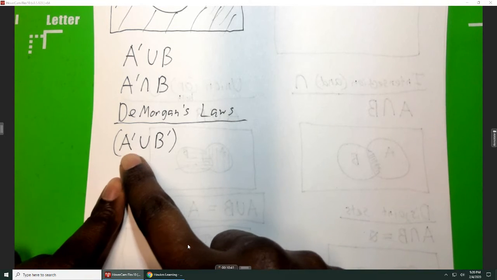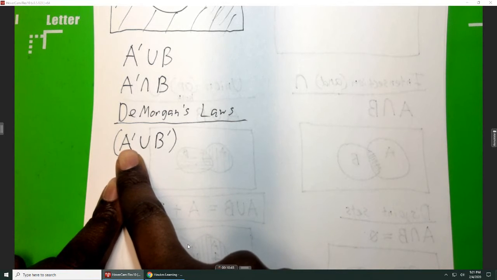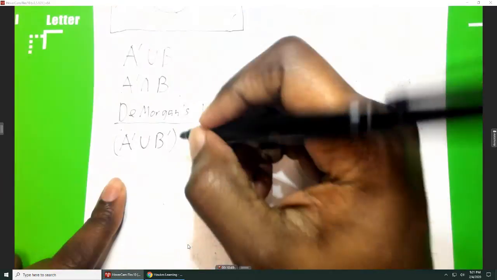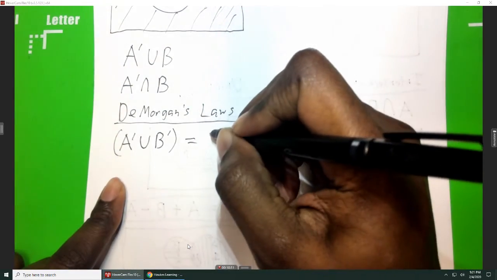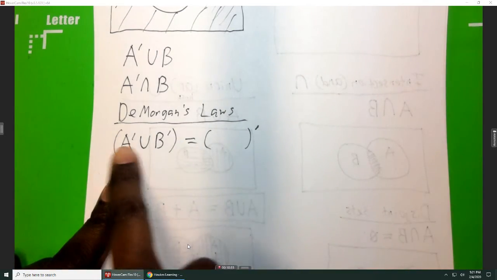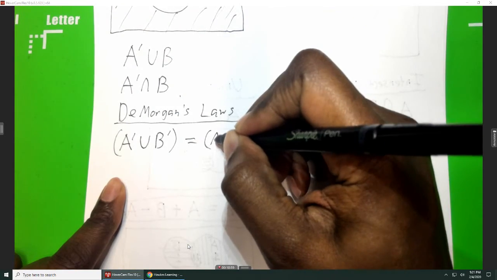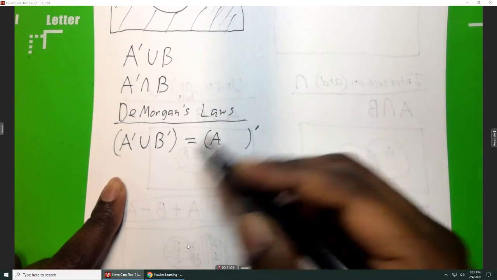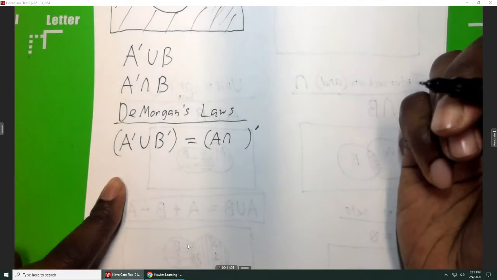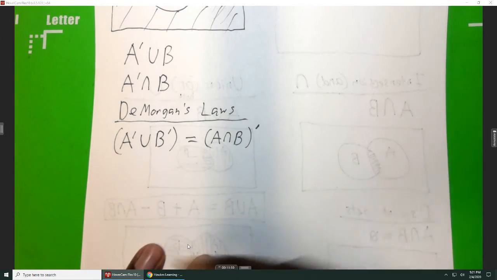The way I think about it is, think about this complement kind of like a -1. A -1 does the opposite, it changes things from positive to negative. So if you were to factor out that -1, or that complement, and put it on the outside, everything inside would change. So this would now be positive A, no complement on it. This union would get flipped to the intersection, and then this would now be positive B. So this is one of De Morgan's laws.